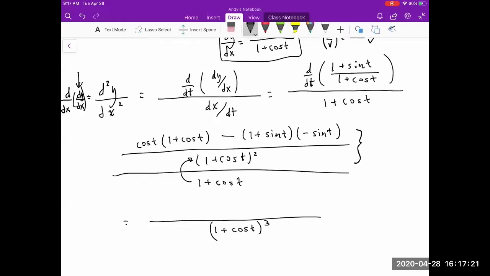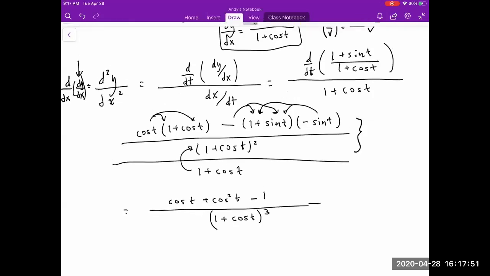Okay? Now on top, if we distribute, we get cosine plus cosine squared. I don't know if it's worth it to do this, but I'm just going to try it to see if anything simplifies. So cosine plus cosine squared. Oh yeah, it is worth it to do. So if you distribute this, you'll get negative sine minus sine squared. But if you distribute the negative as well, you end up with positive.